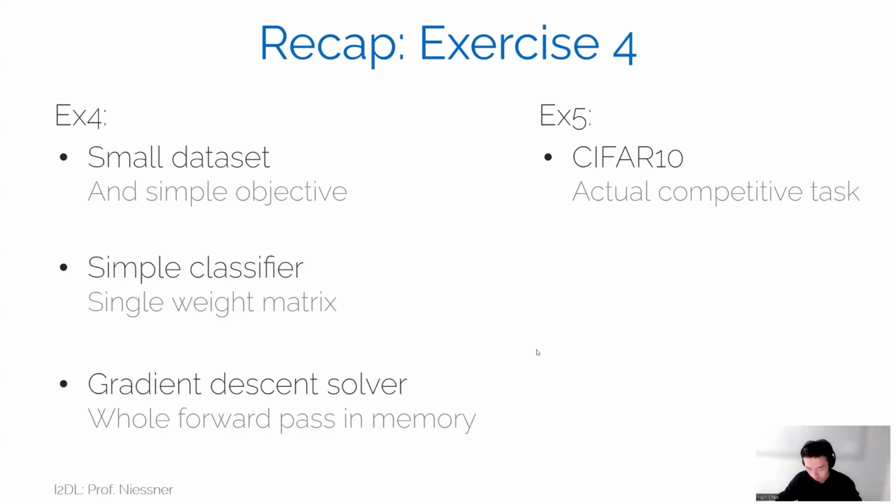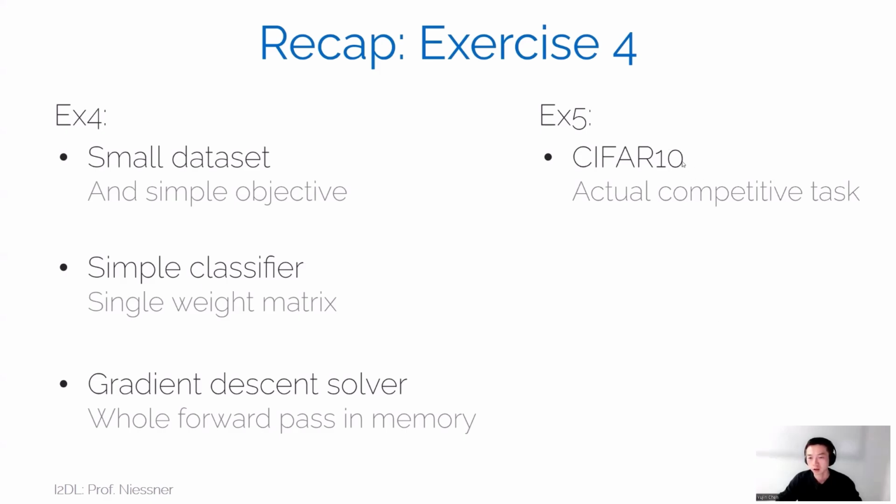In exercise 5, we use CIFAR-10. It's not like the housing price dataset. It's an image dataset containing 60,000 images with 10 labels. That's called CIFAR-10.